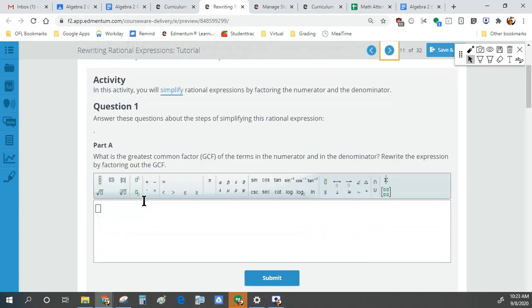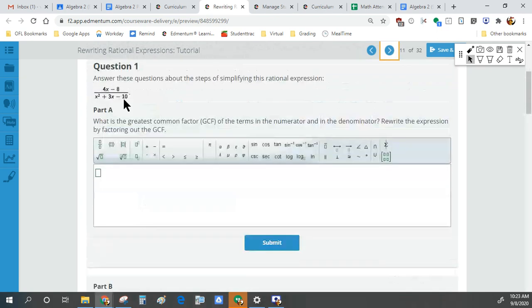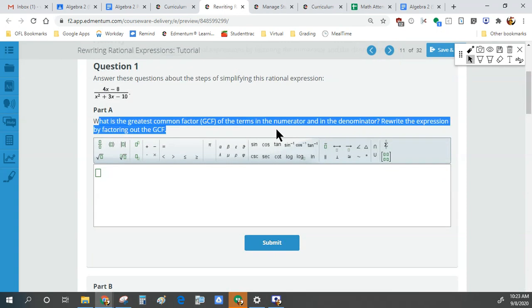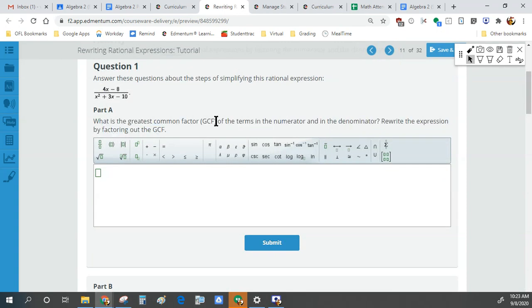All right, so let's get into this right here. So first, we're going to see what is the GCF of the numerator. So they're breaking it down. They're making it nice and easy here. Numerator, again, I remember by saying north. The bottom, the denominator, I call it the down. So here, I'm going to look at the numerator.